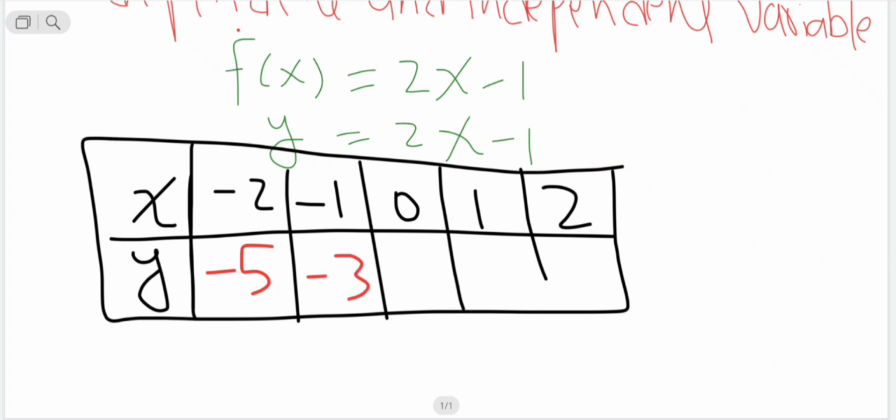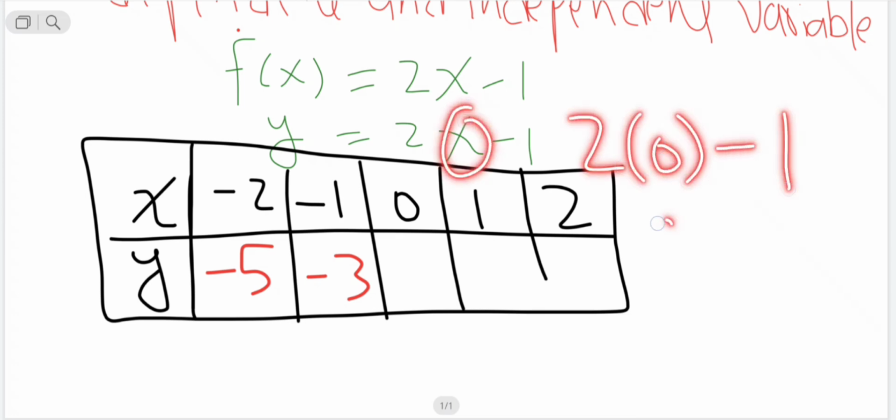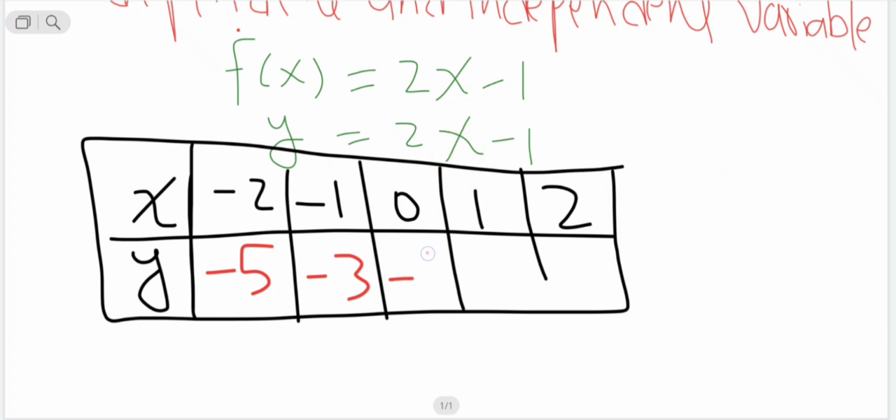Then replace x with 0, so 2 times 0, 0 minus 1, that is equal to minus 1. So if x is 0, y is minus 1. Now we will replace x with 1, sorry.